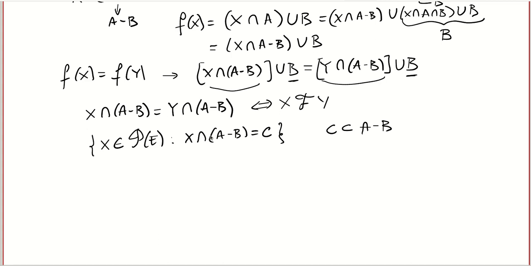Because it's the intersection with that. And we can use this C as the representative of the class, right? So these are the classes of equivalence here.